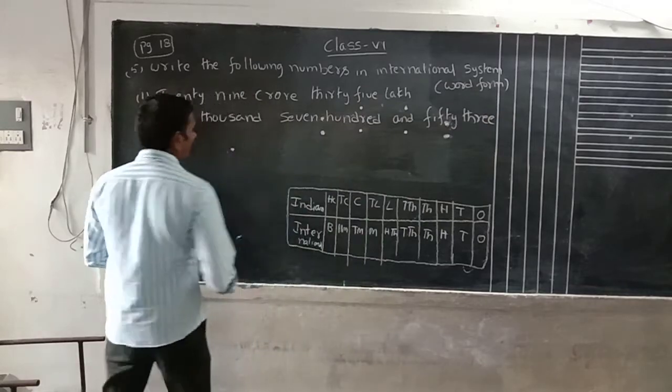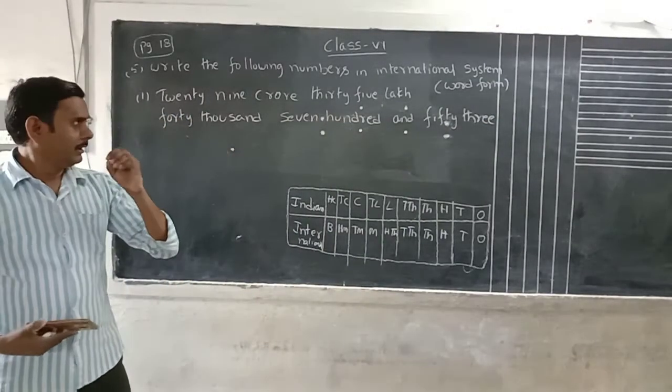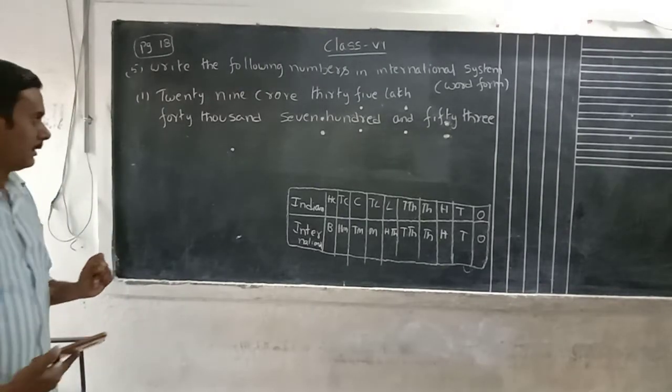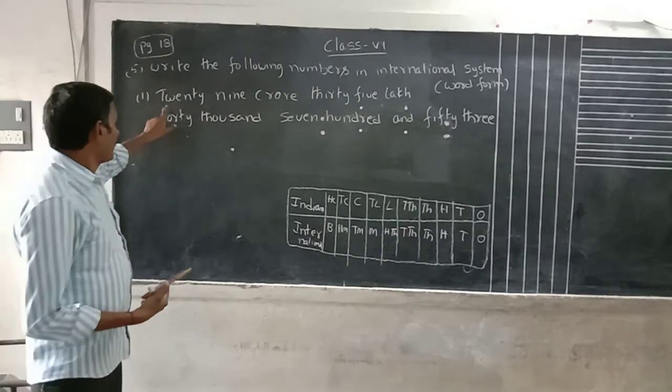This is the question. What question is given to you, you have to read carefully. For any subject's question, we have to read the question carefully and understand it first. Only then can we answer it. What is the question here?